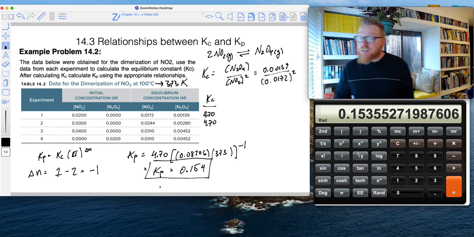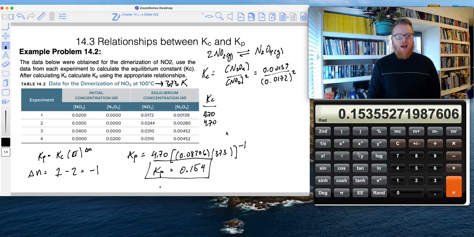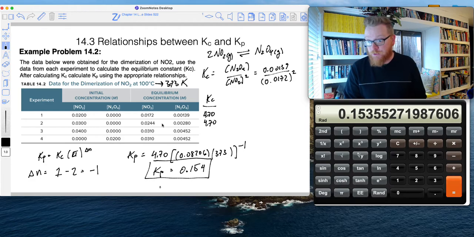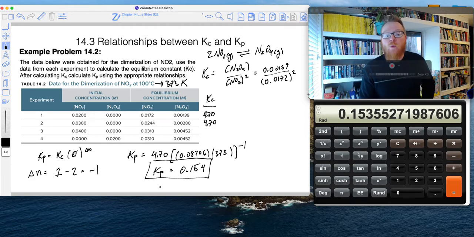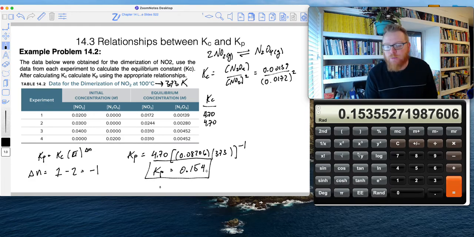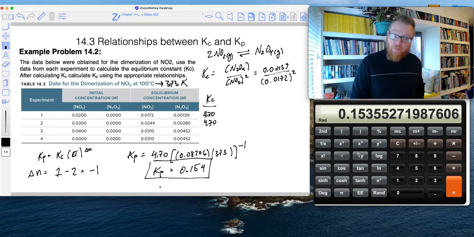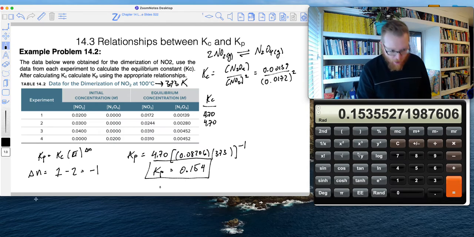Now this is important to note. If we did this experiment and in this data table it was all partial pressures in atmospheres, we would have gotten this Kp value, the 0.154, directly from the partial pressures. And then, of course, we could have used this formula to convert it to Kc, dividing this RT delta n power over to the other side.